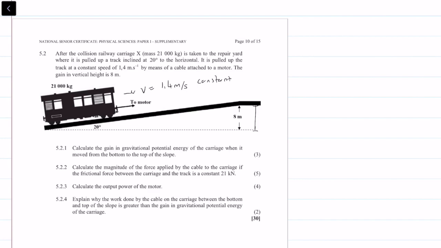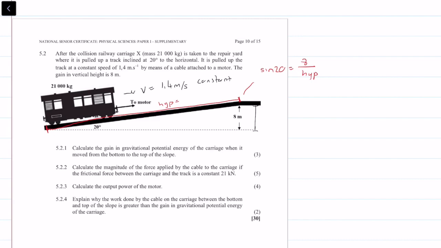Okay, cool stuff. So what I'm going to first start off doing is getting this length right here. I don't know if it's going to be useful, but it might be, so I'm just going to get that length. How do we do that? Okay, so we know that sine of 20 is equal to our opposite, 8 meters, over our hypotenuse.